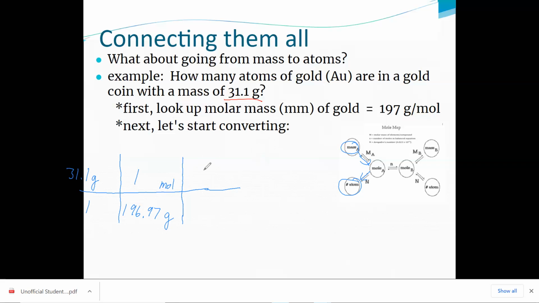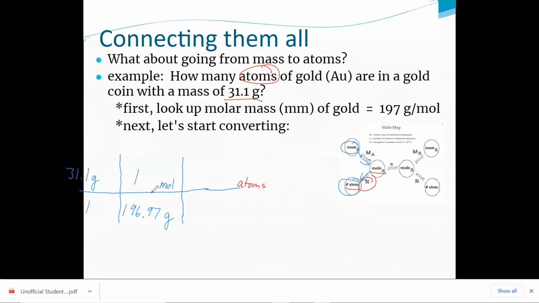We're not done. What we need to do next, because I'm not asking for moles, I'm asking how many atoms, is go from moles to atoms. To do that, I use Avogadro's number, 6.022 times 10 to the 23rd. So atoms is our unit that we're looking for.